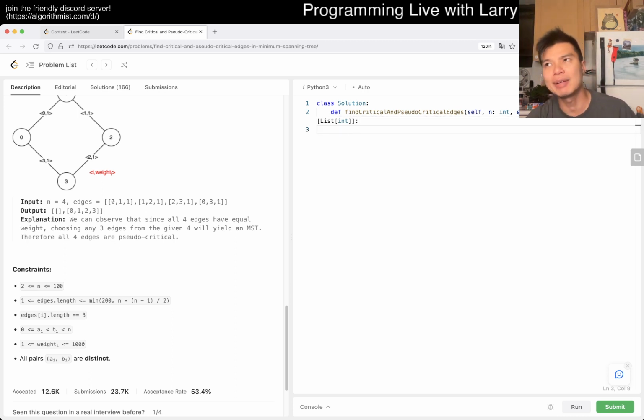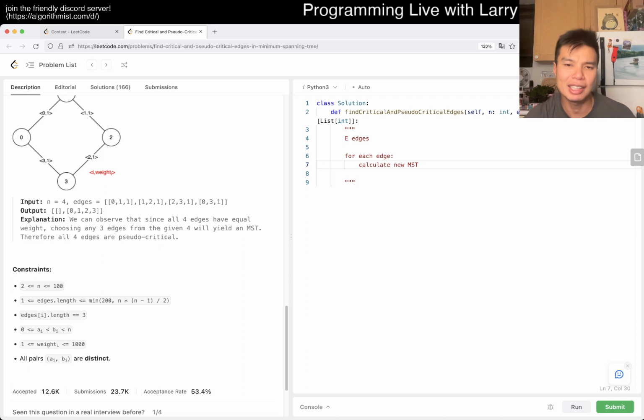Let me calculate the most brute force thing we can do. The most brute force thing that we can do is, we have y edges, and then for each edge, calculate a new MST.